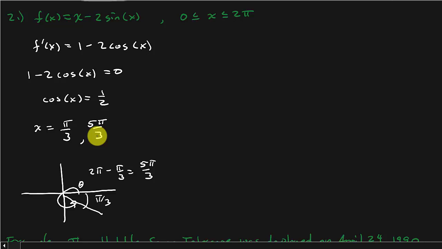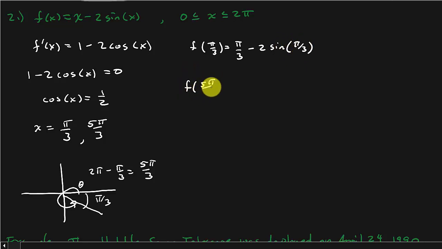All right. So now we have got to do what? We've got to evaluate the critical numbers and the endpoints into the original function. So I've got f of pi over 3. That's pi over 3 minus 2 times sine of pi over 3.